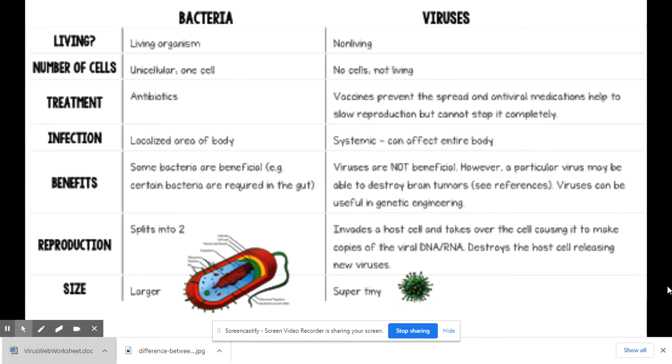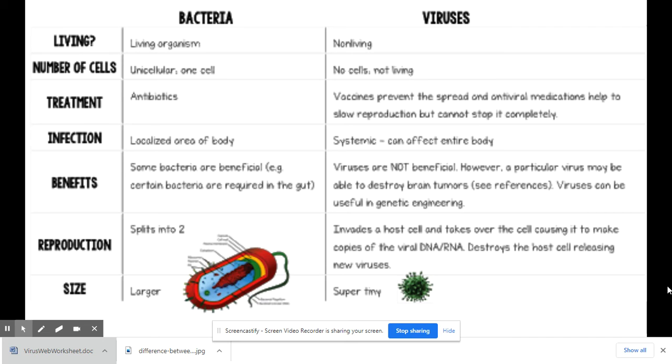This just shows you a little bit more important information comparing bacterial cells and viruses, what's considered living, what's not living. In terms of numbers, you'll see that bacterial cells are considered unicellular. We don't consider viruses to be living, so they don't have cells.